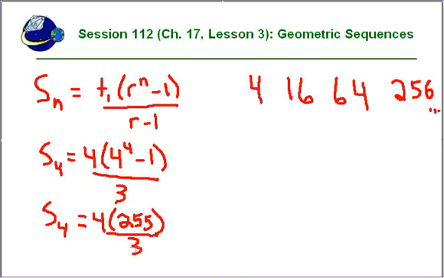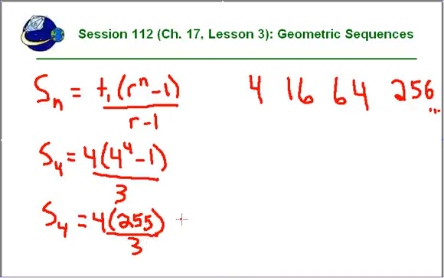Now, before we carry this out, everything here is being multiplied. So let's take a look at 255 and see if it will cancel with 3. Do we have a common factor? Well, if you remember your divisibility rule for 3's, it says take each of the digits and add them together. 2 plus 5 is 7, plus 5 is 12. Is that 12 divisible by 3? Yes. Therefore, 255 is also divisible by 3.